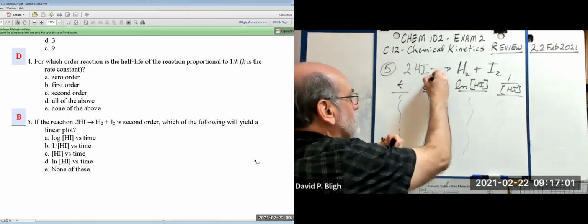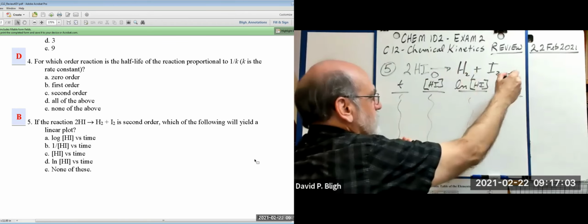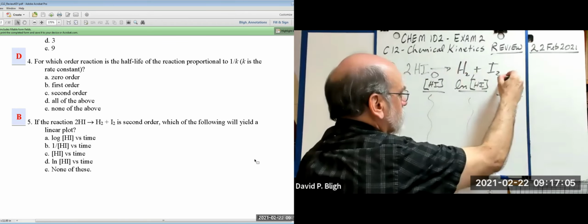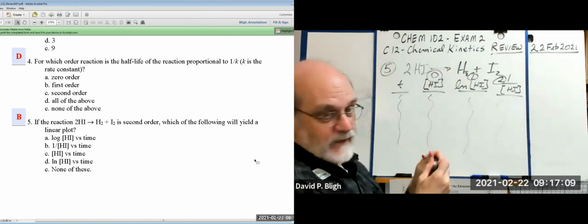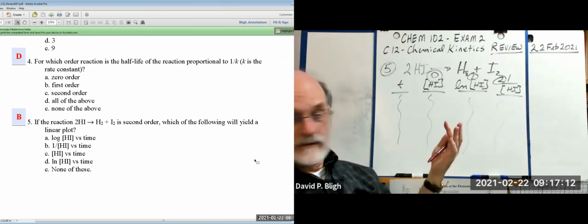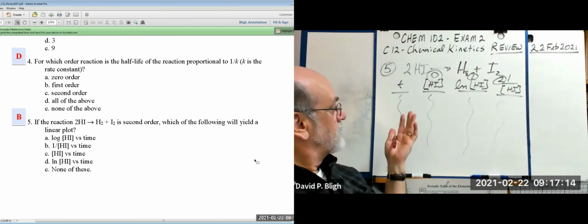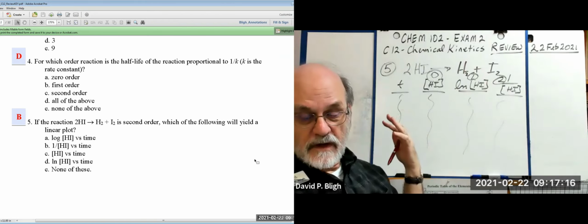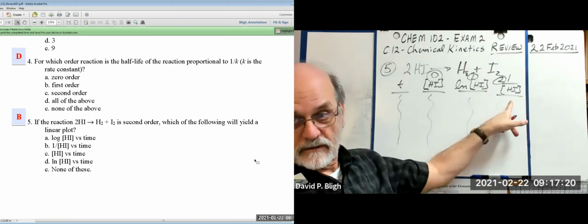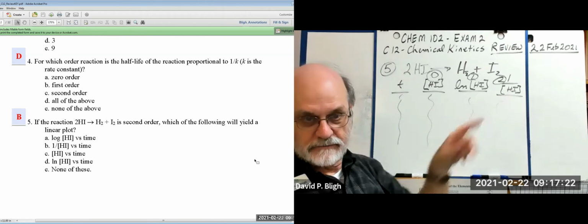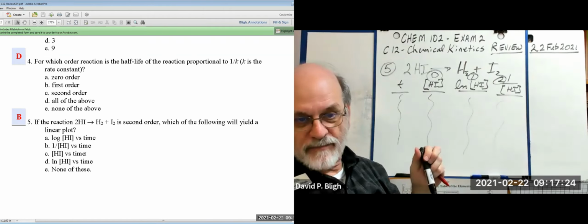This is 0 order, this is first order, and this is second order, right? So it's simple. Which one of these, if it's second order, would give you a linear plot? That one. Plot the inverse. So that's why B is the answer.